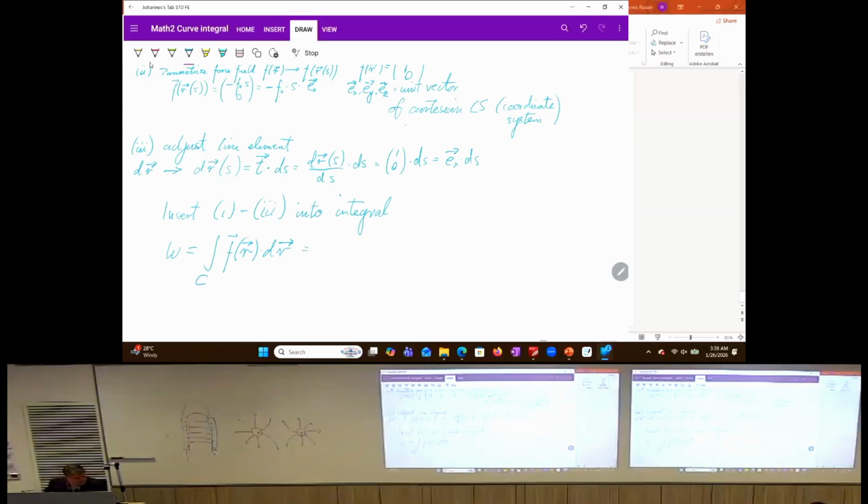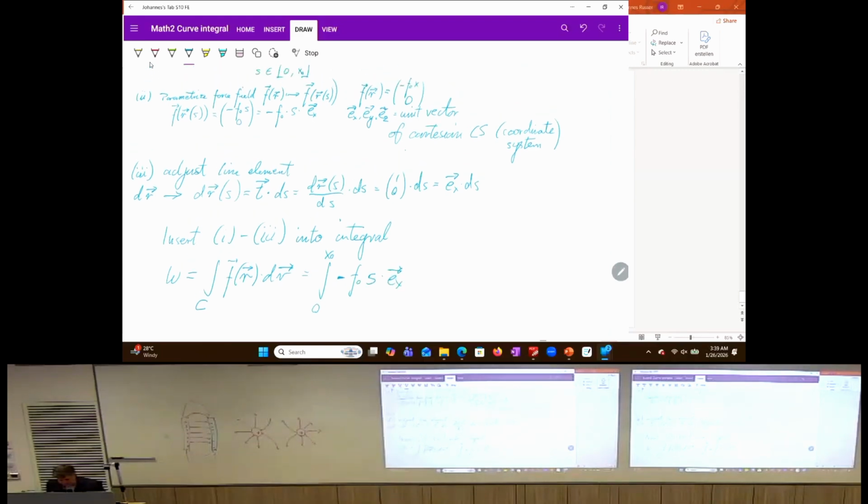So what did we say? We said the curve c runs from 0 to x naught. This is part of the parameterization of our curve. And the parameterization of our force field has yielded f naught, which is a constant, times s times the unit vector in x direction.